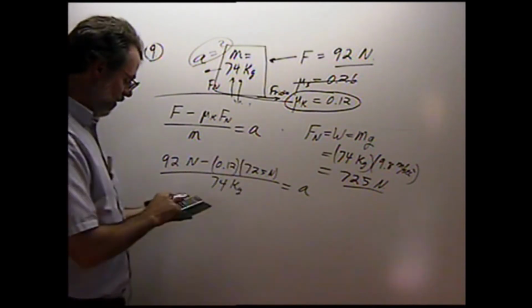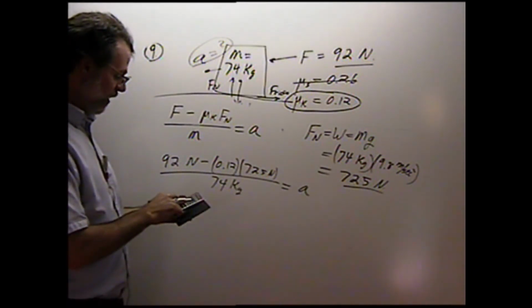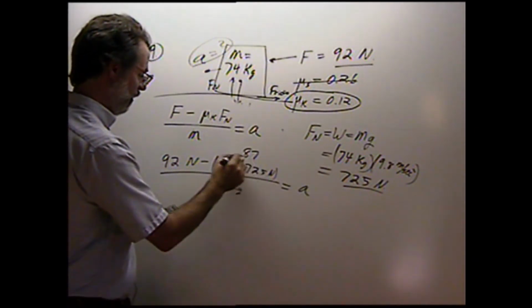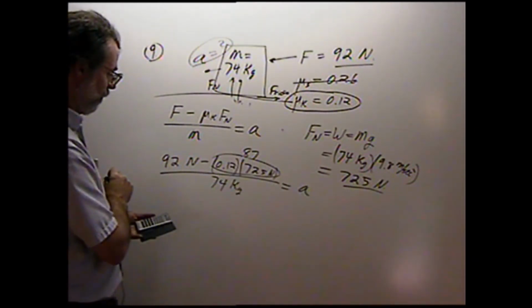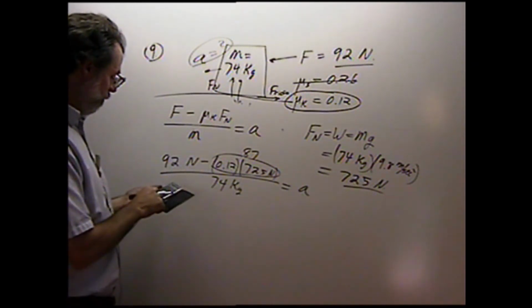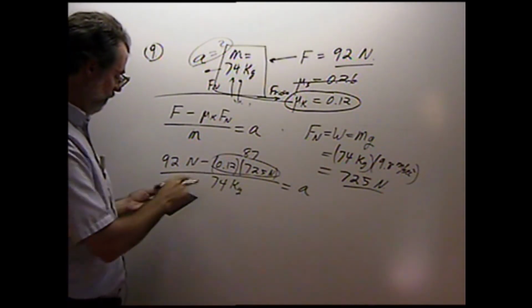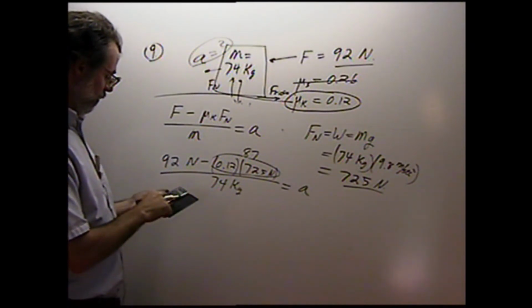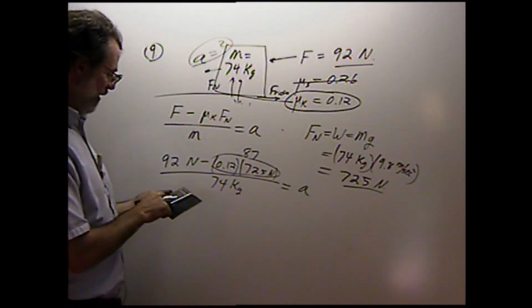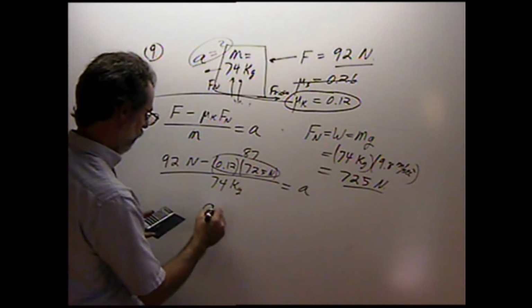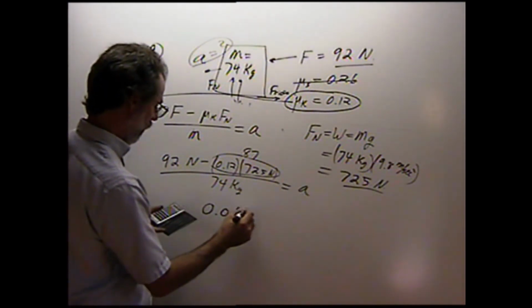Now let's calculate this first. 0.12 times 725 is equal to 87. So 92 minus 87 is 5, divided by 74, I get 0.068.